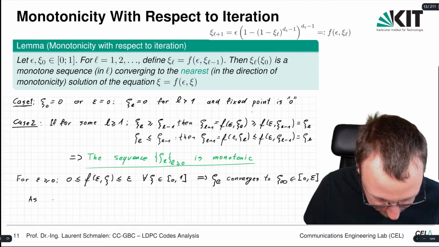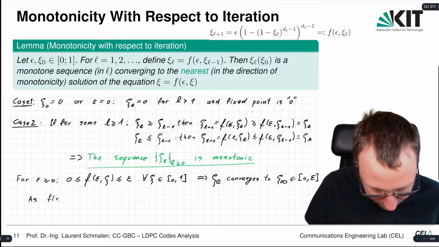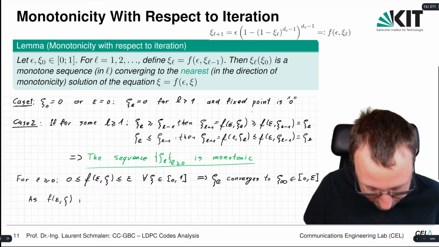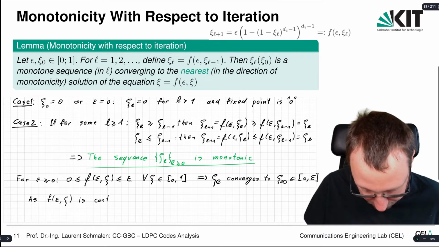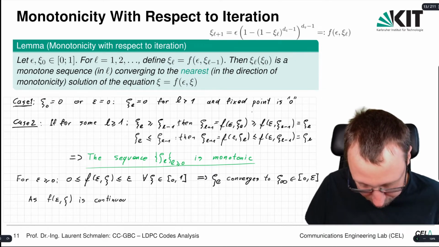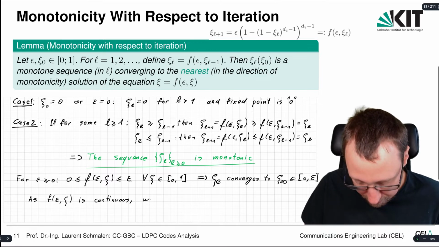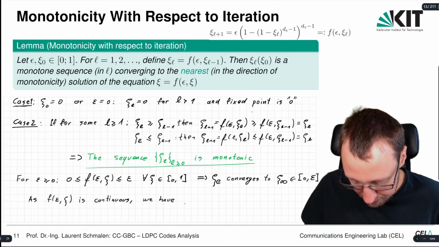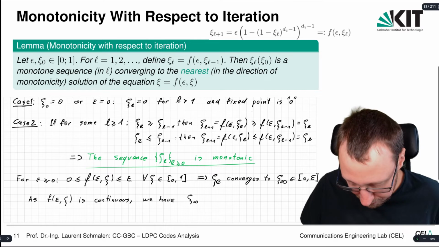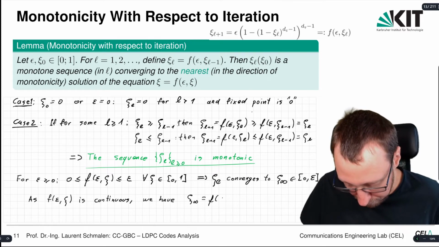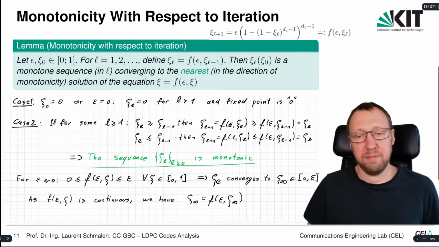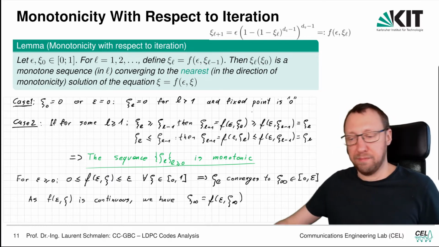So now, because f of epsilon C is continuous, it means that C_infinity is equal to f of epsilon C_infinity. That's a fixed point.